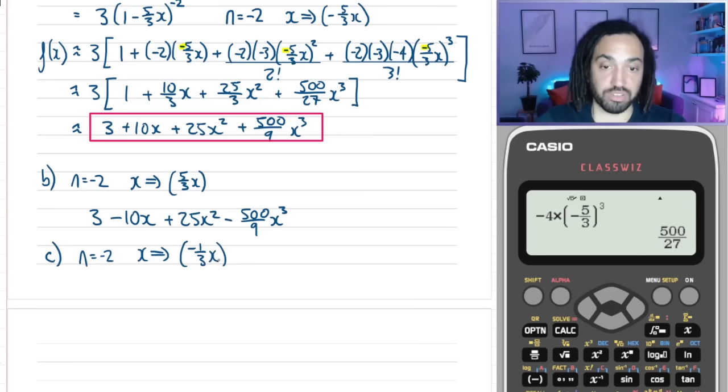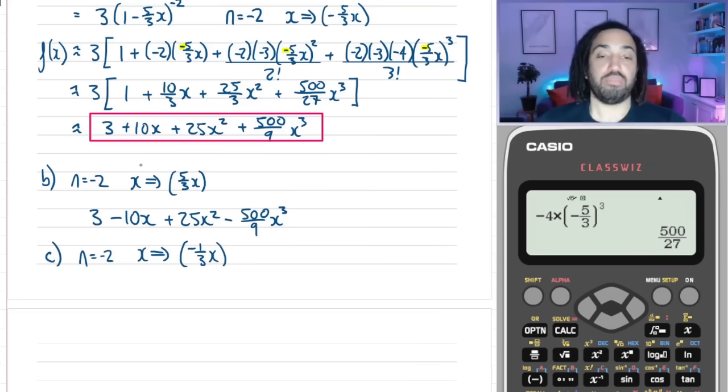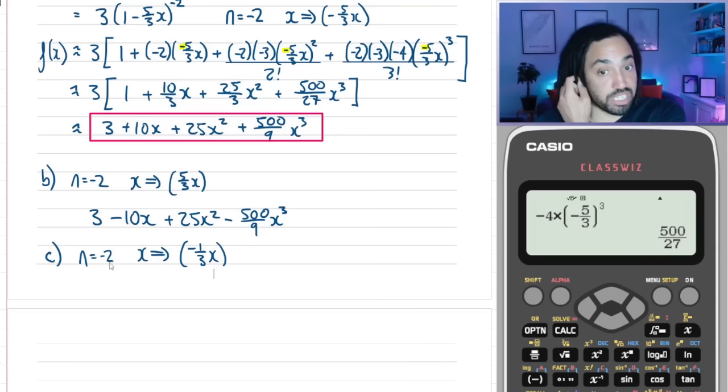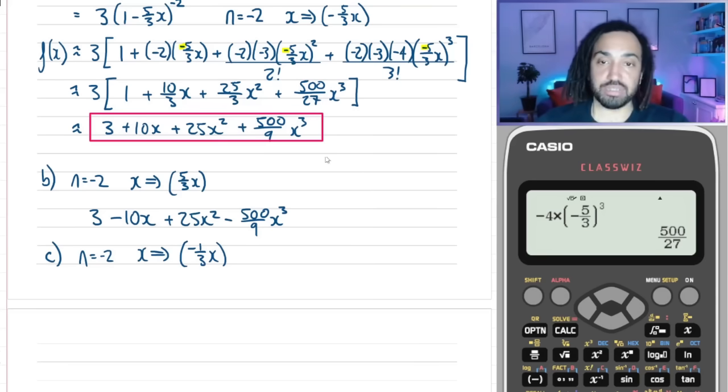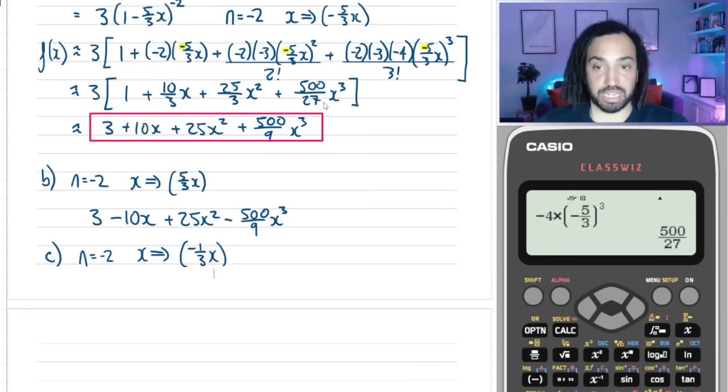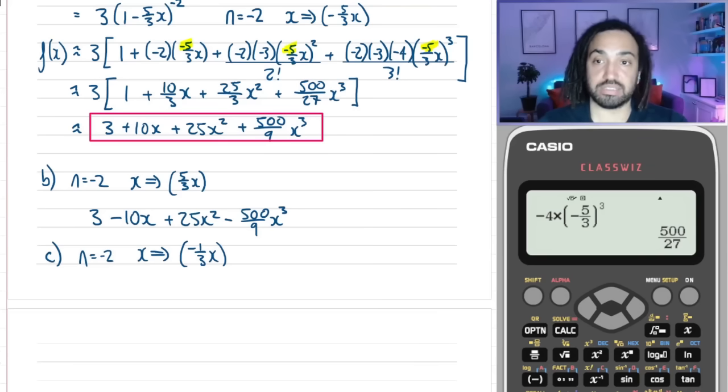It's going to be 5 times smaller than the original that we did. So how is that going to affect the expansion? Well, let's have a look at where the 5 comes into play. Well, it comes into play here, here, and here.